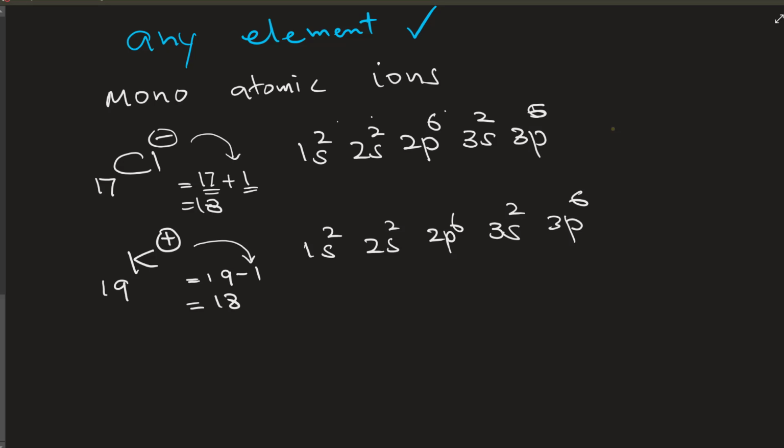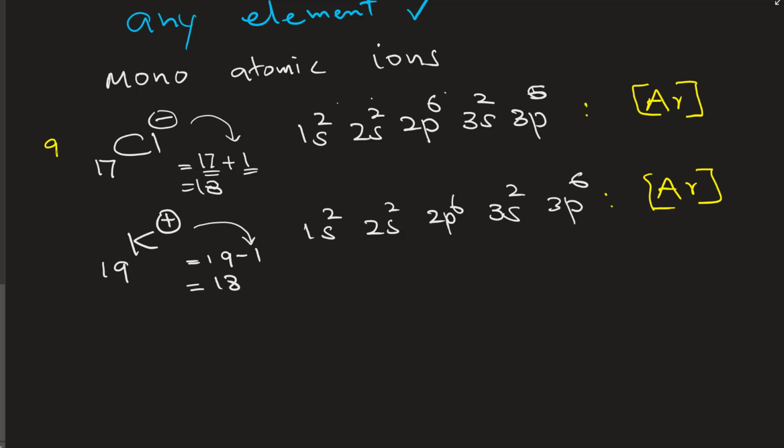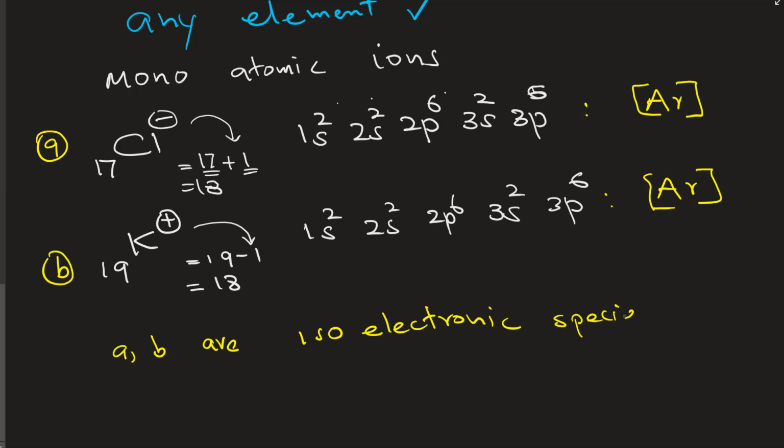Both the chloride and the K plus have 18 electrons. So these can be considered isoelectronic species, and there are many isoelectronic species. Your prof can write them, but if you understand this one or two examples, you are good, right? Okay, so that's just to understand that.